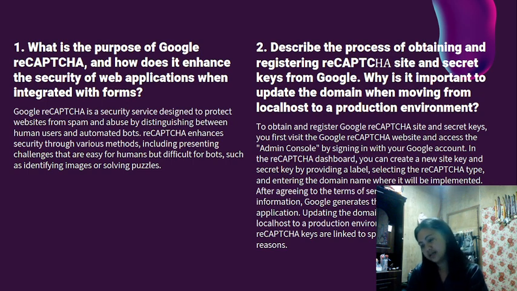Number 2, describe the process of obtaining and registering the CAPTCHA site and secret keys from Google. Why is it important to update the domain when moving from localhost to a production environment? So, to obtain and register Google reCAPTCHA site and secret keys, you first visit the Google reCAPTCHA website and access the admin console.